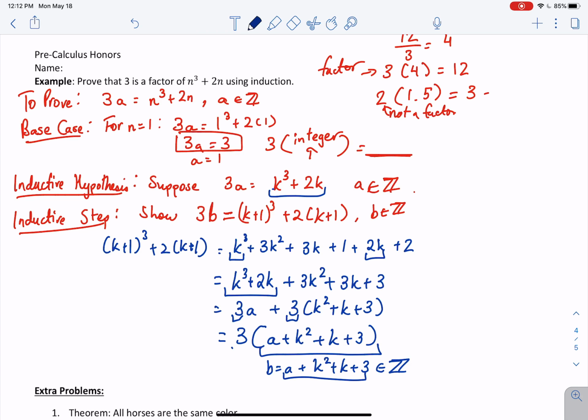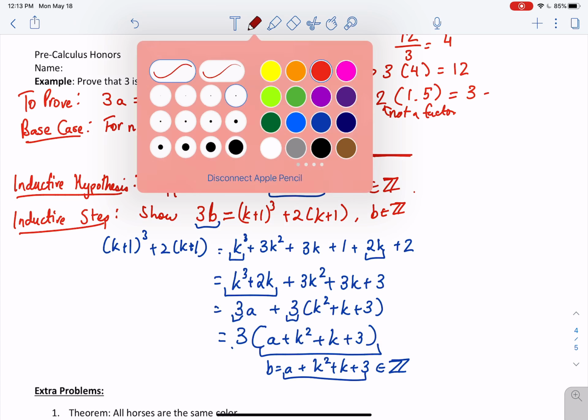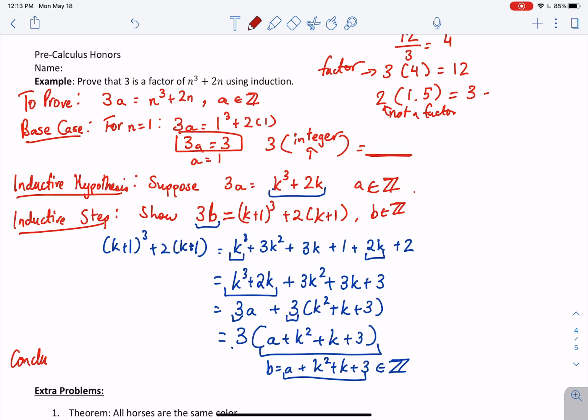So from that, we've shown that 3 times b, where b is all of that stuff, is k plus 1 cubed plus 2 times k plus 1. And so we can conclude 3 is a factor of n cubed plus 2n using induction, or by induction.